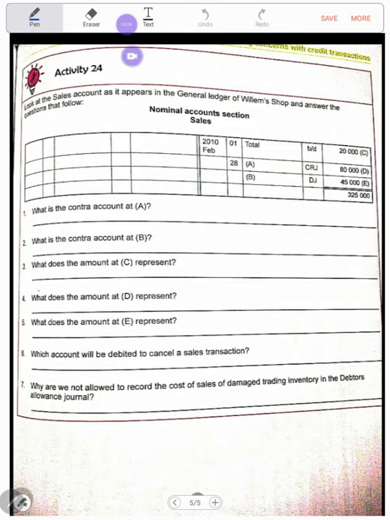What does the amount at E represent? Which account will be debited to cancel a sale transaction? And why are we not allowed to record the cost of sales of damaged trading inventory in the debtors allowances journal?